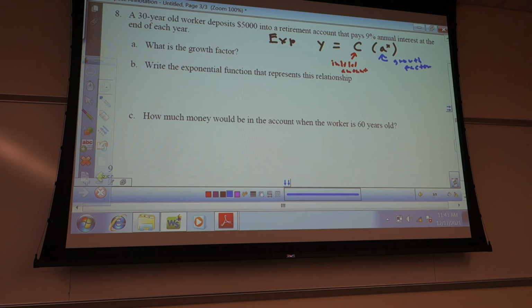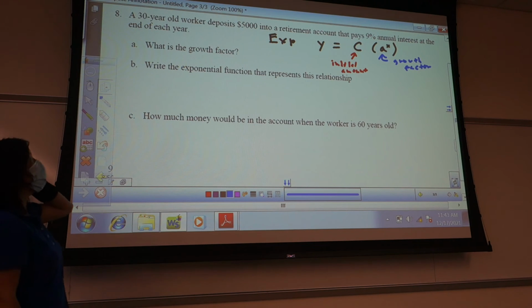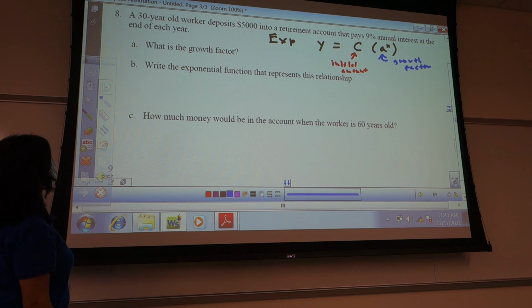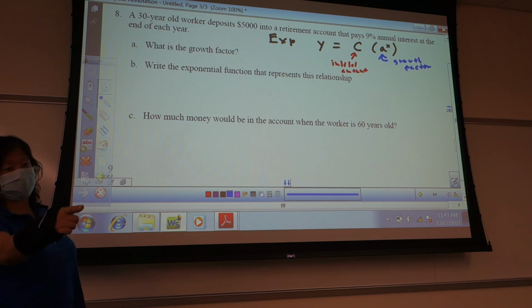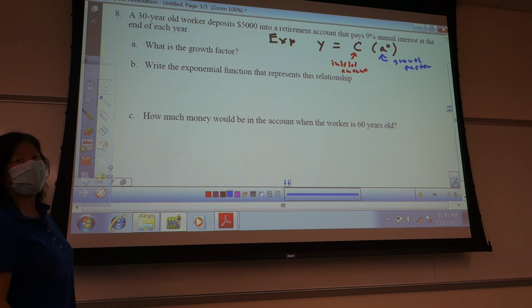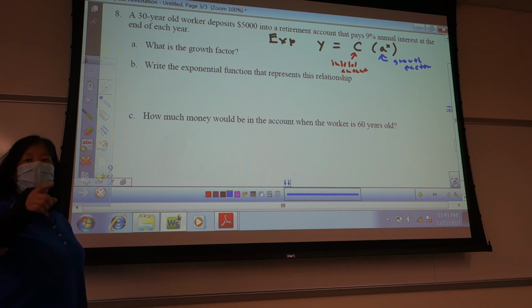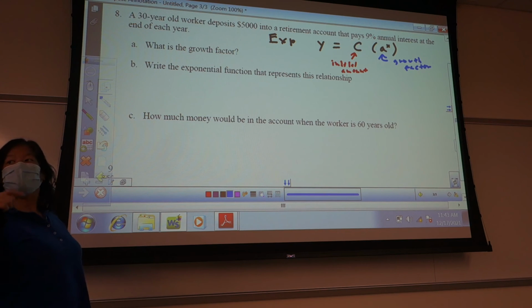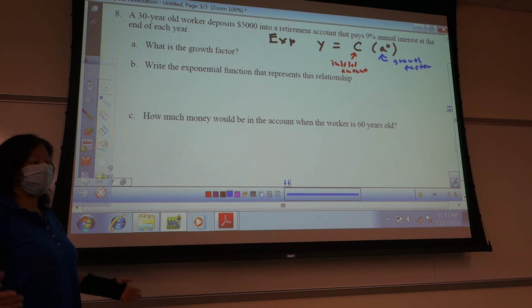Okay, so you figure out those things. Figure out the two things that vary. What are the two things that vary? The worker's age, and what else? The money. Yeah, the money varies.